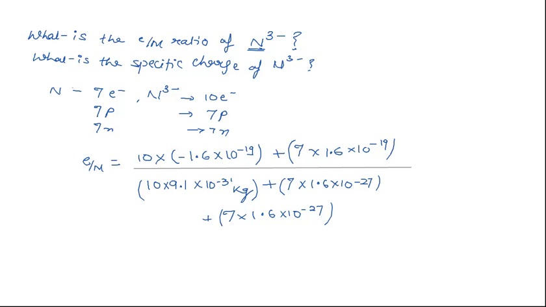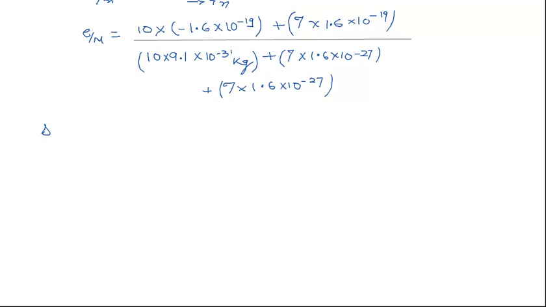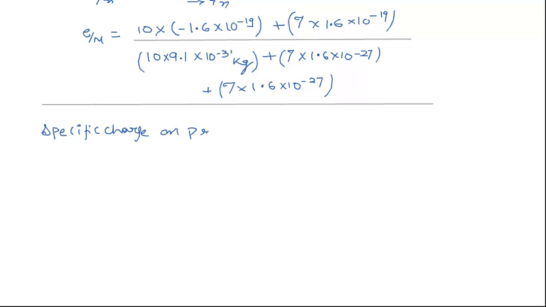Likewise, you can calculate the specific charge on an alpha particle, which is half of the specific charge of a proton. Or shall I tell you how it's half? We did that. The specific charge on a proton is equal to how much?